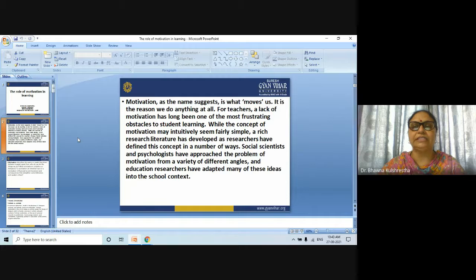Social scientists and psychologists have approached the problem of motivation from a variety of different angles, and education research has adopted many of these ideas into the school context.